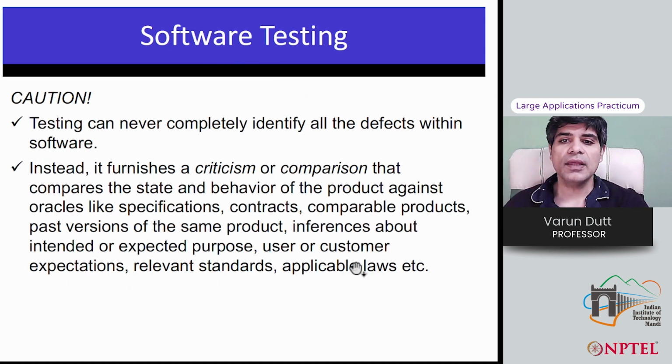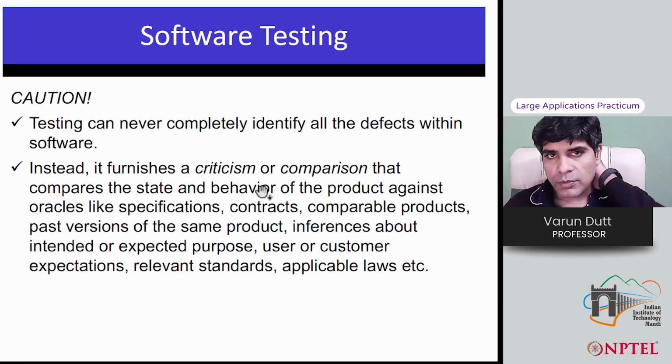Software testing can never completely identify all defects within the software. Even if we develop numerous test cases, there is a chance that we may not be able to test everything in the software.